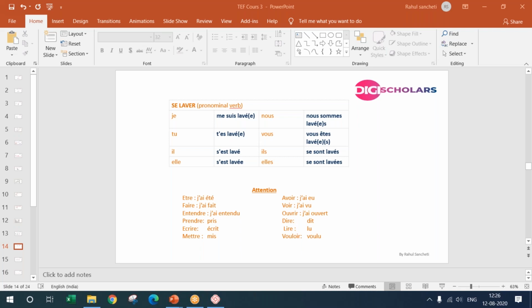Okay, and now when you conjugate the sentence in passé composé, for the first one, it will be j'ai appelé, that is I had called. It's a perfectly normal word because it is an er ending verb and it is not part of those 14 verbs. So we conjugate that with avoir.